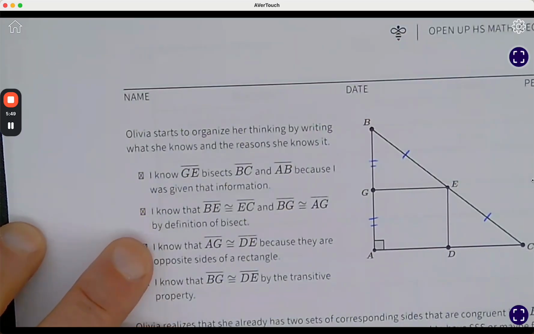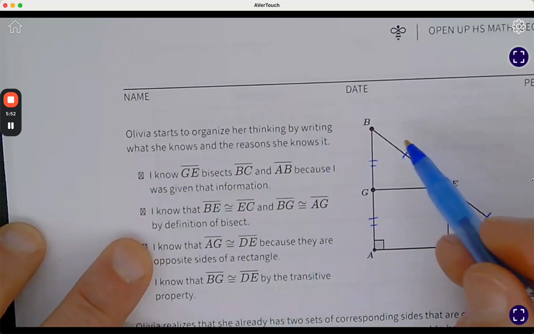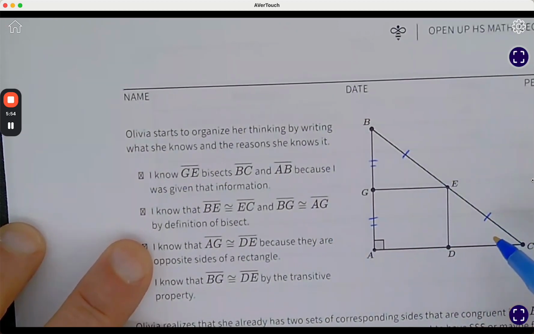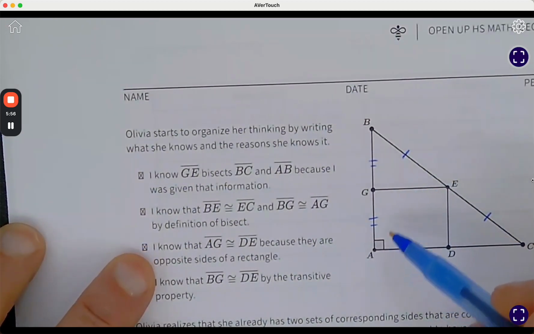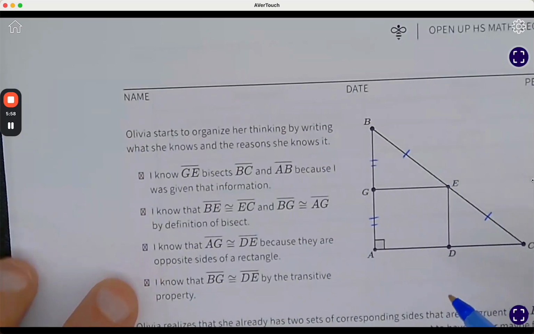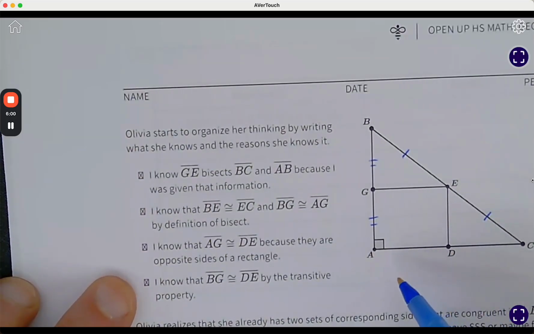I know that BE is congruent to EC, and BG is congruent to AG by definition of bisectors. I know that AG is congruent to DE because they are opposite sides of a rectangle, right? And I know that BG is congruent to DE by the transitive property.